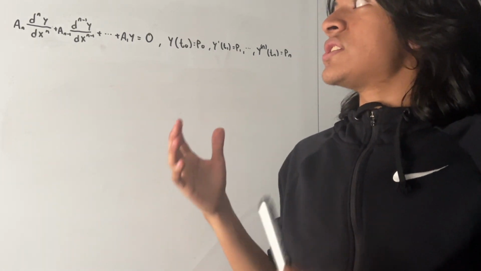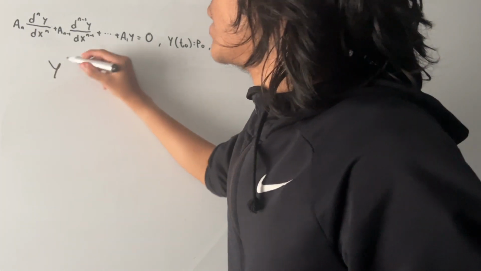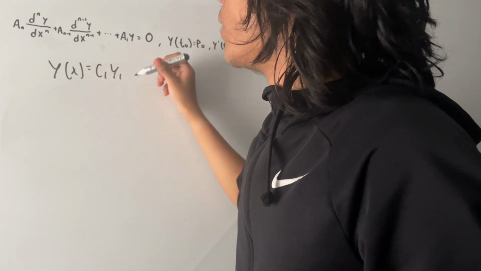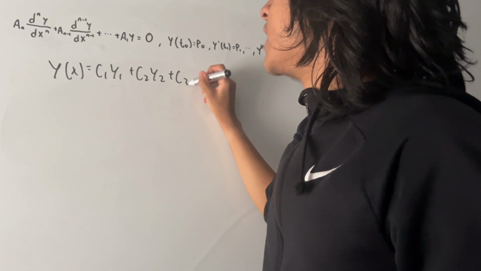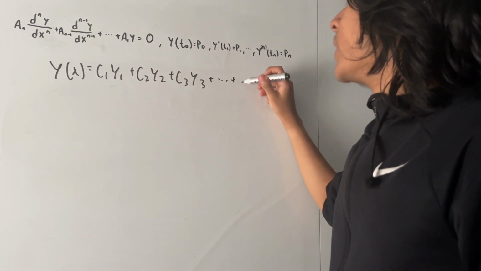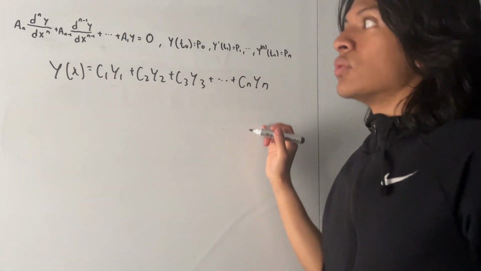So if you want to solve for the general solutions of these things, the general solution that we would get, y of x, would be c1 y1 plus c2 y2 plus c3 y3, and this would go on all the way to the nth solution. So you're going to have n solutions.